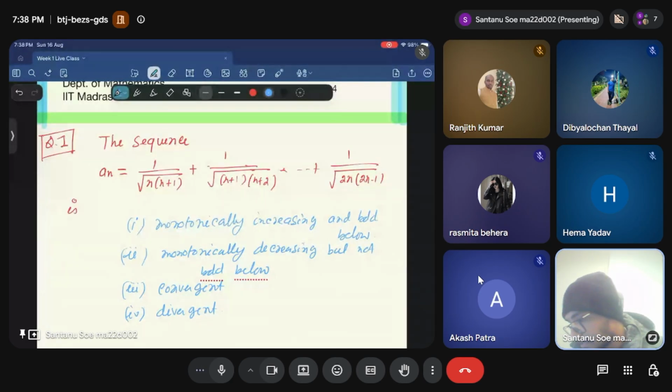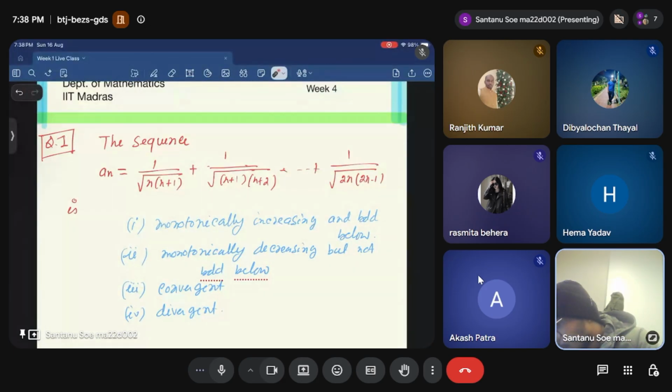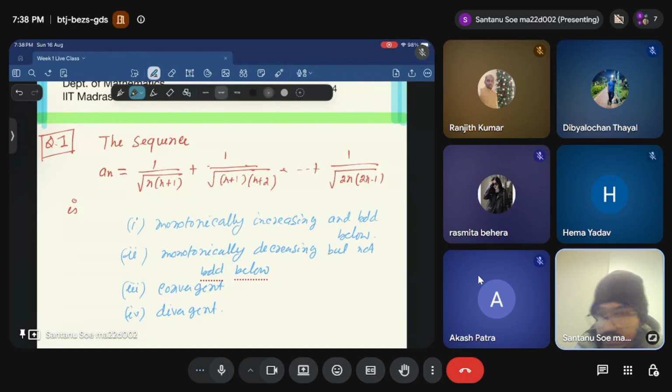You can just give a try and see if you can solve it or not, and then I'll discuss the solutions.